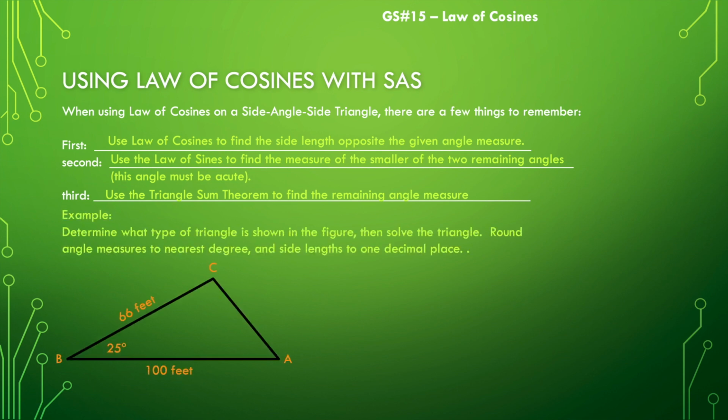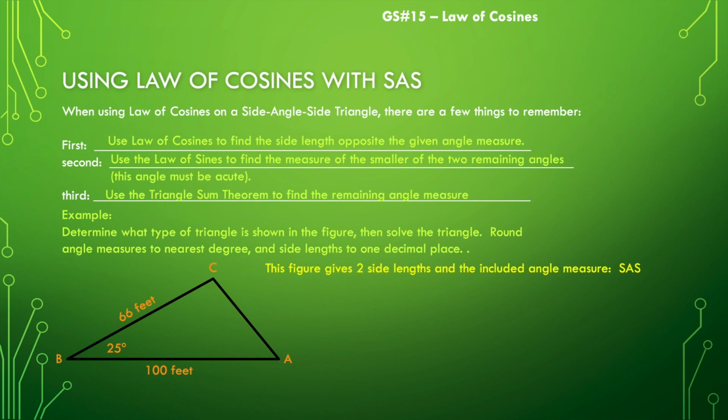So here's an example of an oblique triangle where we're given two side lengths and the angle measure that's between them. Now this is in a slide that talks about SAS triangles, but as we are developing these skills, you should be able to take a triangle with some information and determine what kind of information you're given so you know which tools to use.